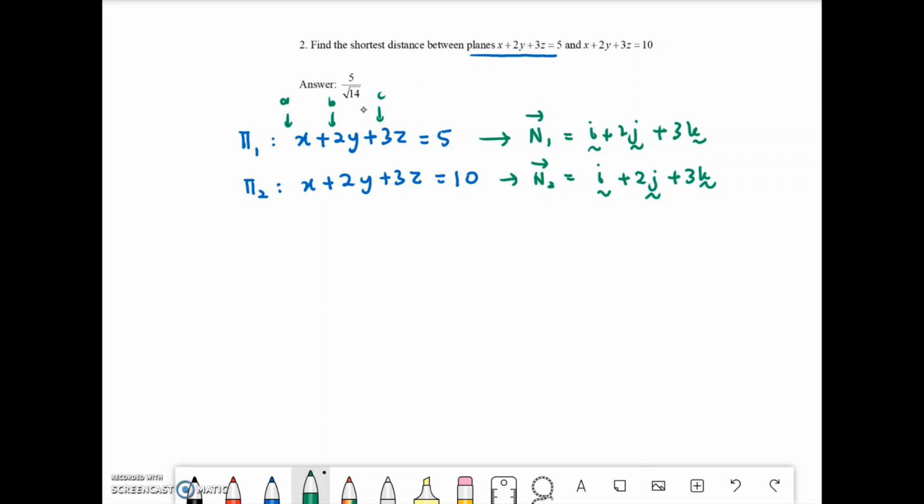So now, since the normal vectors of these two planes are the same, it means that the normal vector of 1 equals the normal vector of 2, so we can say that the planes are parallel.